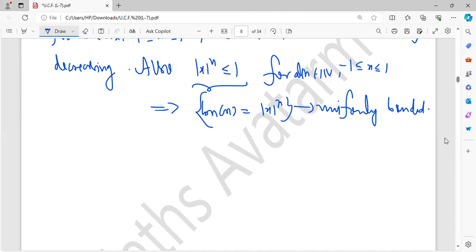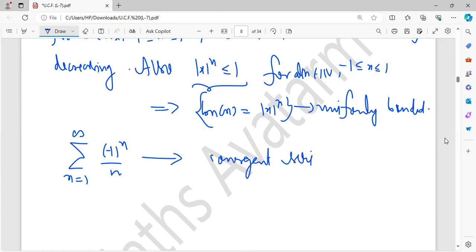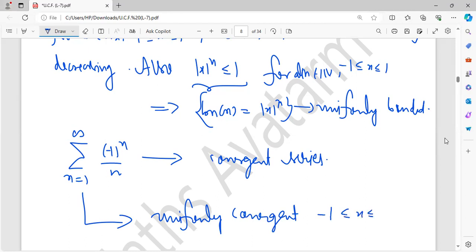Now what about this series? Summation n goes from 1 to infinity (-1)^n. We know this is a convergent series always, a convergent series of real numbers. So obviously x is not involved here, so it is uniformly convergent in this range. Okay, because it does not depend on x, it is automatically going to be uniformly convergent on this.